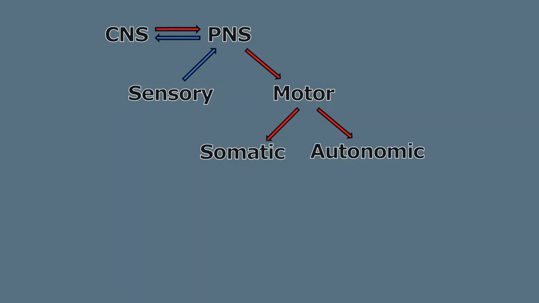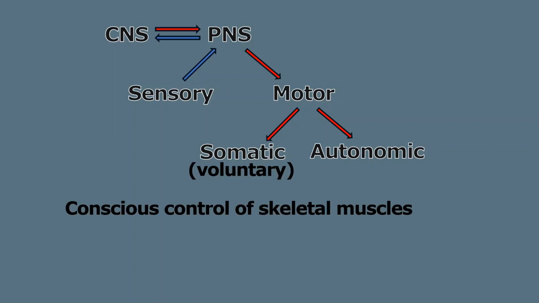And the very simple difference here in these types of motor outflow is one of them you have control of, somatic, and one of them you don't have control of consciously. So somatic system is often referred to as the voluntary nervous system, or the voluntary branch of the motor division of the nervous system. And it is what allows you to raise your hand up and shake it in the air to get your friend's attention when you're at a crowd or something.